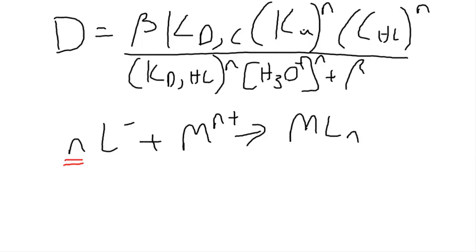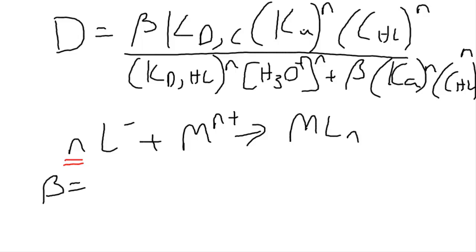Then we have to add in the formation constant for the complex, Ka to the power n, and again the concentration of the neutral form of the ligand to the power n. So we have a lot of terms in here.